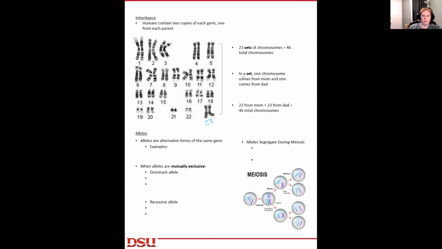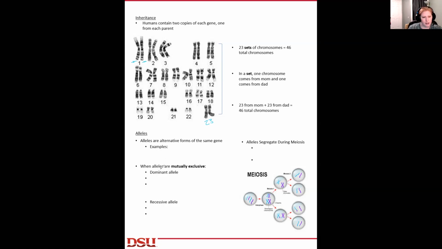So if you count all these individually, you have 46. In a set, we talked about one chromosome comes from mom, one comes from dad. However those are arranged, mathematically you get 23 from mom and 23 from dad to end up with 46 total chromosomes. For humans, remember that 46 is our diploid number and 23 is our haploid number.